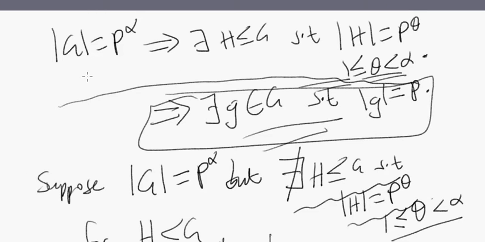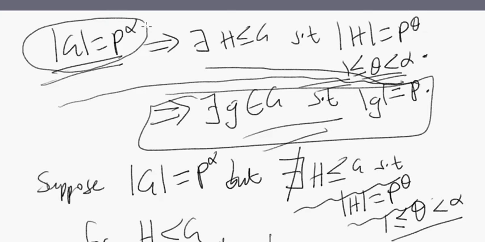Suppose we can show that, I mean, what if we applied this strategy? We said that, look, suppose we know that the order of G equals p to the alpha, but we're trying to prove that there exists some subgroup H such that the order of H equals p to the theta. Suppose we showed that having the order of G equal to p to the alpha and the consequence not being true, that such an H does not exist.